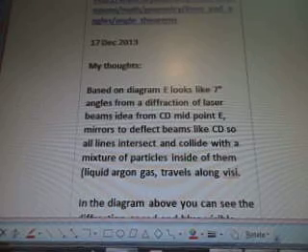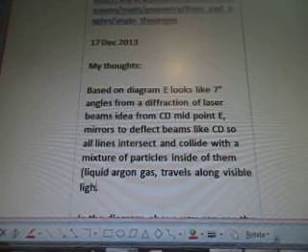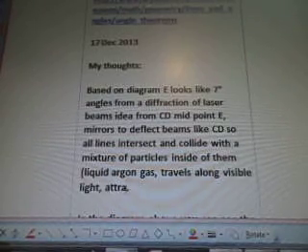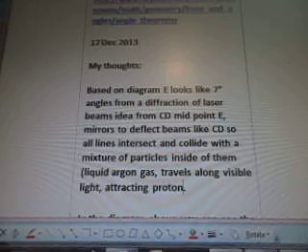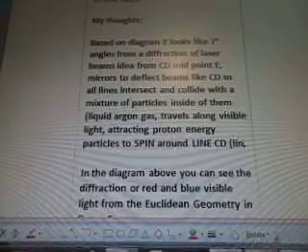Visible light, attracting the proton energy particles to spin around line CD. That'd be linear algorithms. You use a linear algorithm to get the spin around this line.